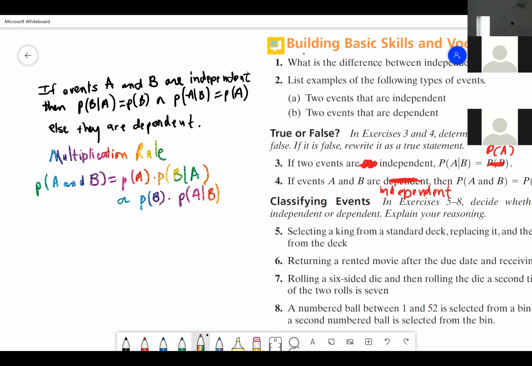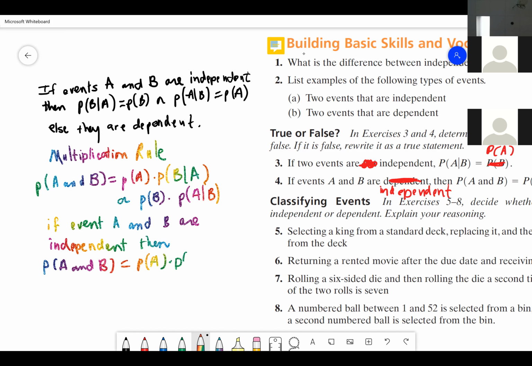All right, so now we say if events A and B are independent, then the probability of A and B is equal to the probability of A times the probability of B. And that's the full multiplication rule, and that allows you to do numbers 3 and 4.